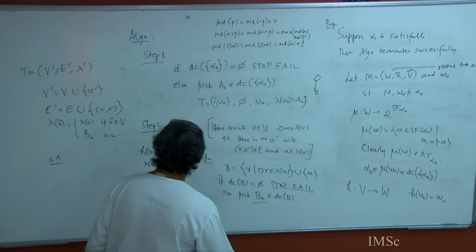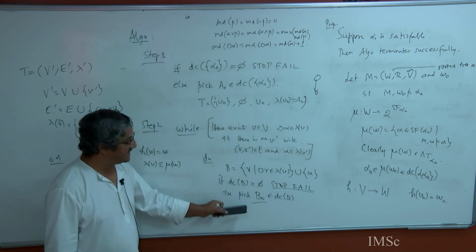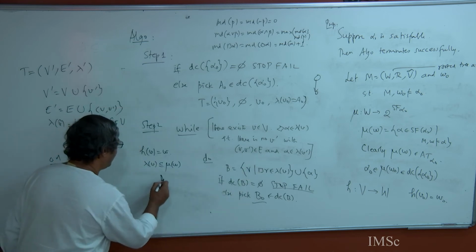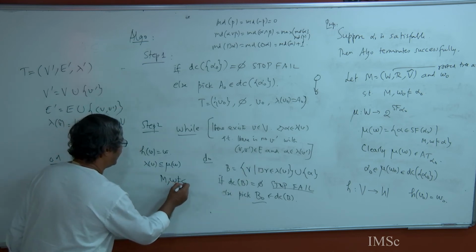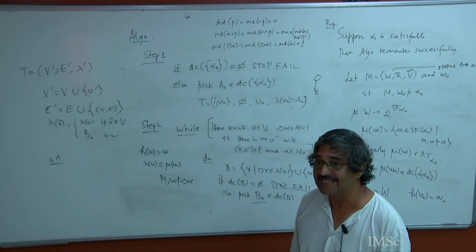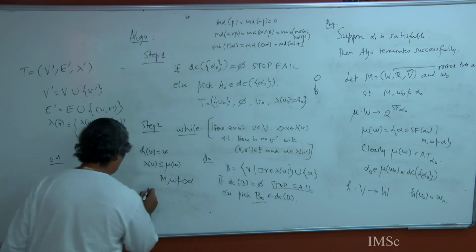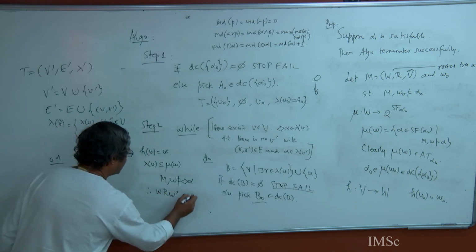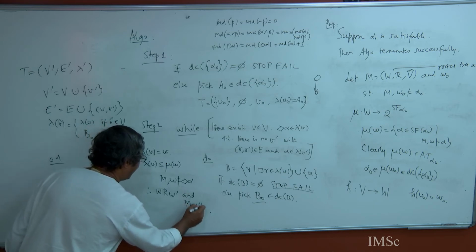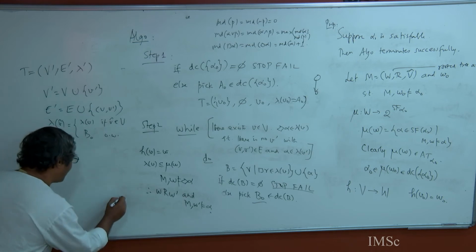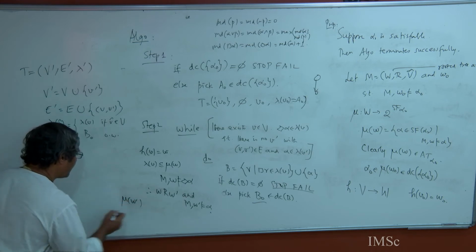Now I consider this set V. So remember the diamond alpha belongs to mu of W. The model satisfies diamond alpha, right? Then the model has a successor, therefore there exists a successor W prime which satisfied alpha. Now if I consider mu of W prime, what do I know?